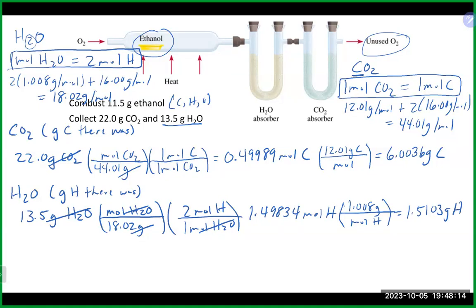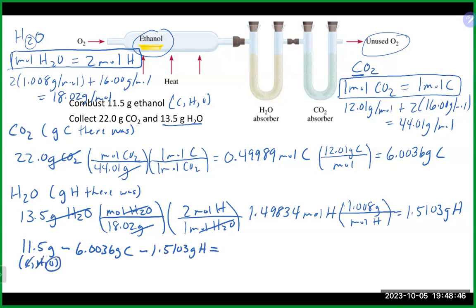The missing element here is that oxygen, which we cannot get directly from either the CO2 or the water because we're adding oxygen. But what we do know is our original sample had a mass of 11.5 grams, and that contained carbon, hydrogen, and oxygen. So if I subtract the grams of carbon that we calculated, and if I subtract the grams of hydrogen that we calculated, that will get rid of that and that.